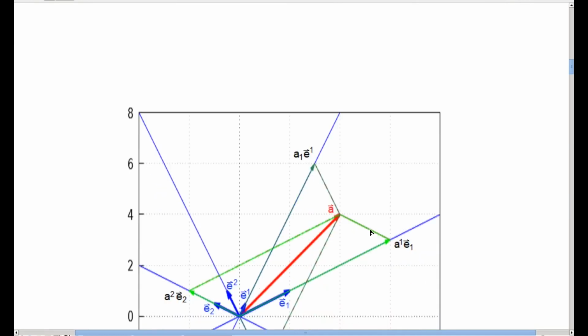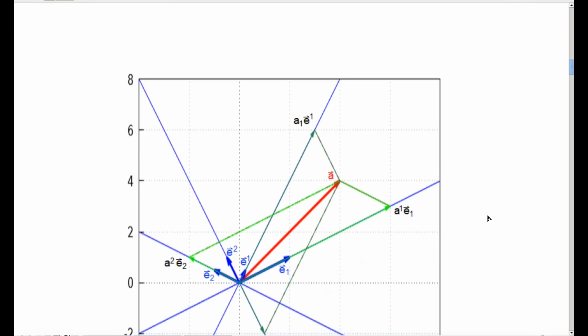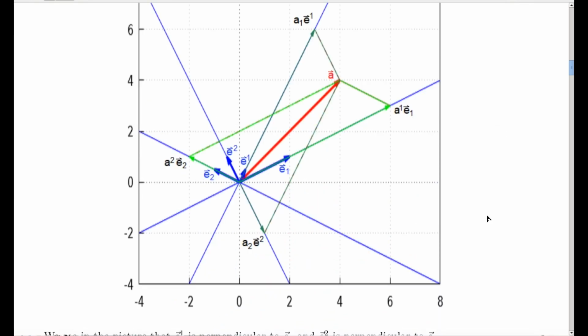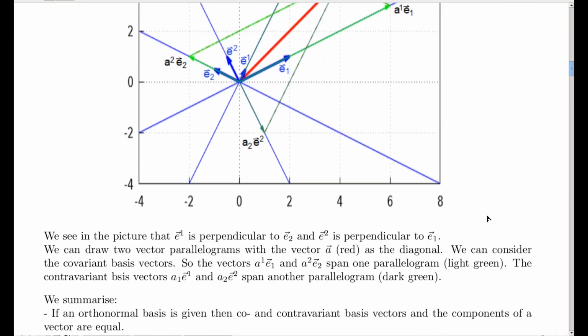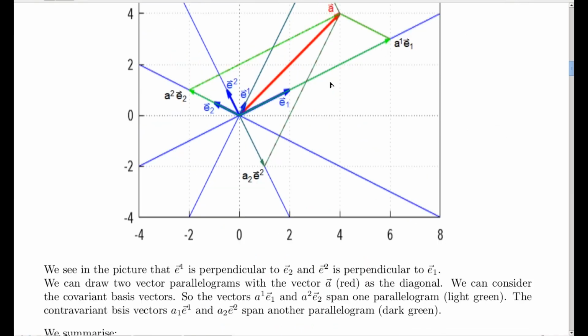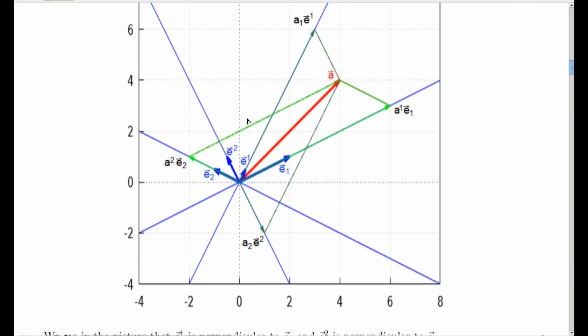Here we see the E1 covariant basis vector, and here the E2 covariant basis vector. They are not orthogonal and they are not normalized. They have another length than 1.